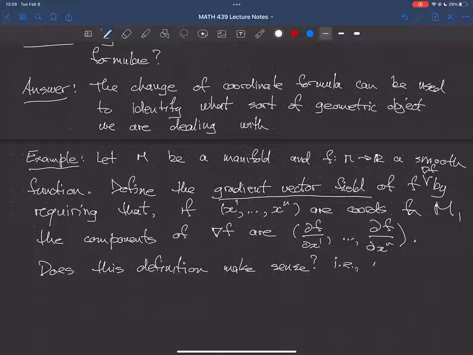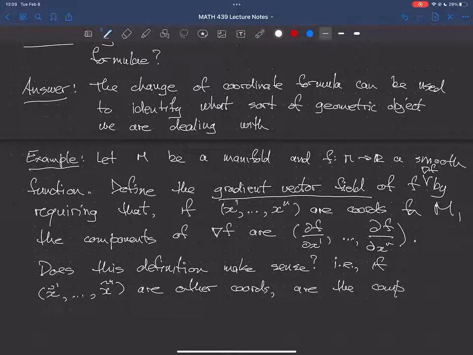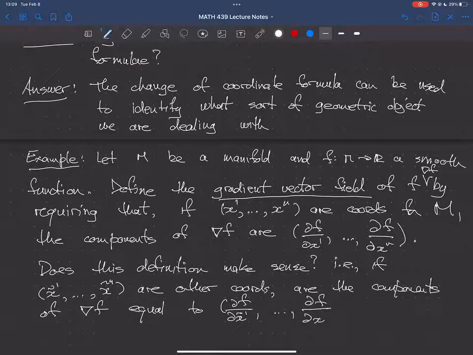That is, if x tilde 1 up to x tilde n are other coordinates, are the components of grad f equal to df by dx tilde 1 up to df by dx tilde n?